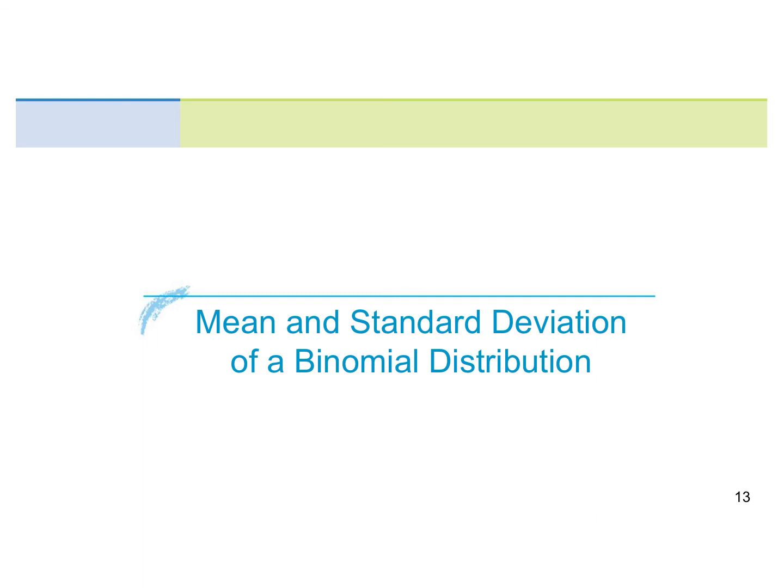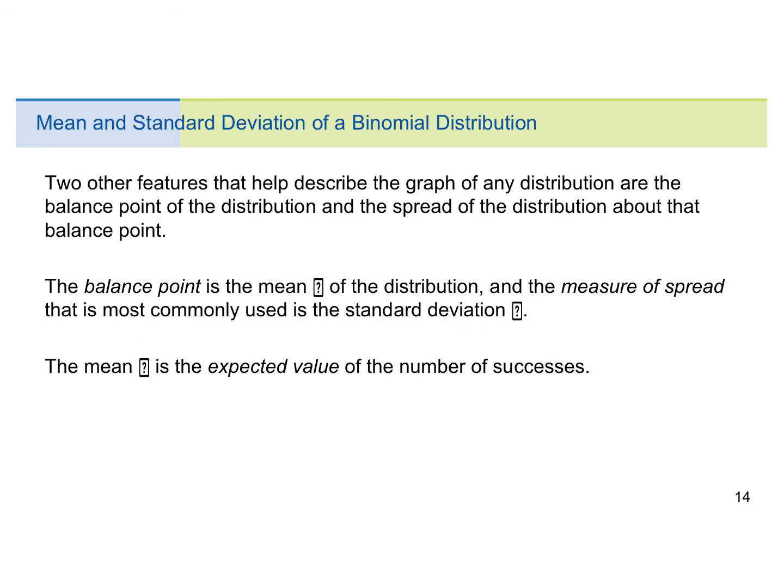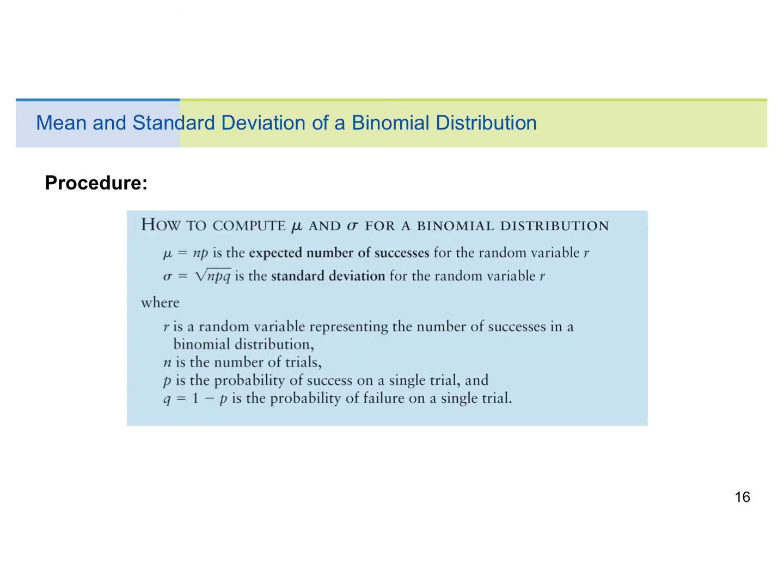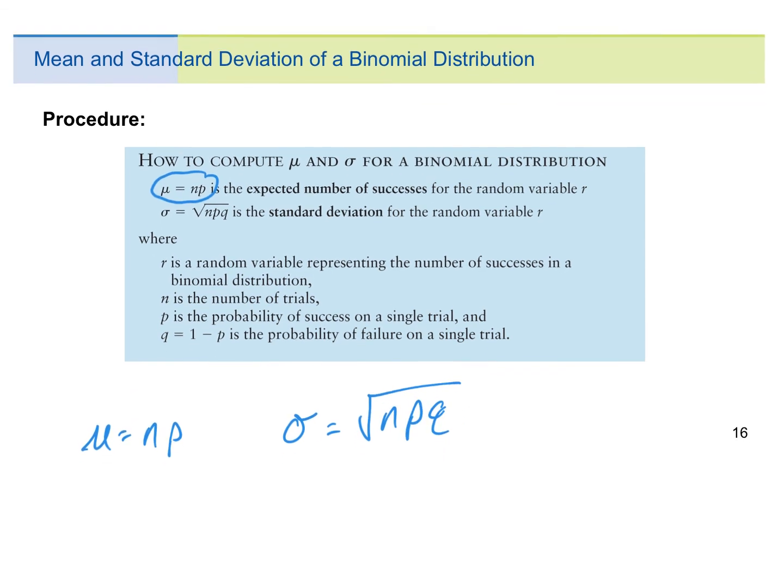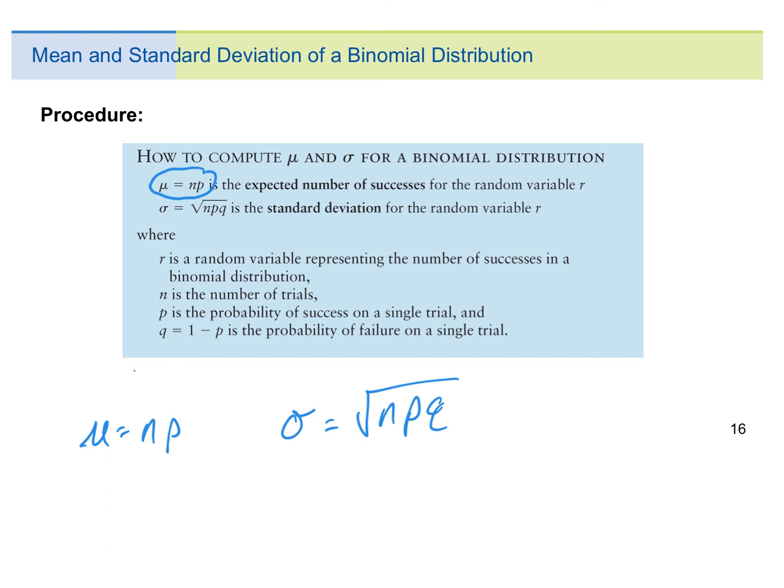The last thing we're going to do is find the mean, denoted by mu, and the standard deviation for a binomial distribution. The formulas are super easy, and here they are. The mean is simply n times p, and the standard deviation is simply the square root of n times p times q. So in the problem we just did, the n was 6, the p was 0.7, and the q was 0.3.